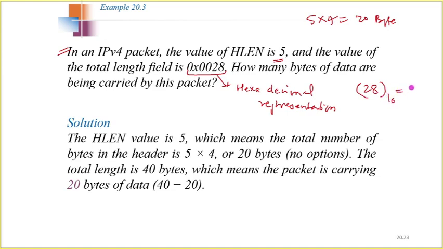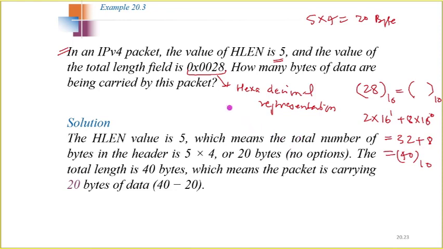Then we need to convert it into decimal. It will be 2 multiplied by 16 to the power 1 plus 8 multiplied by 16 to the power 0. So it is 32 plus 8, which means 40 in decimal.